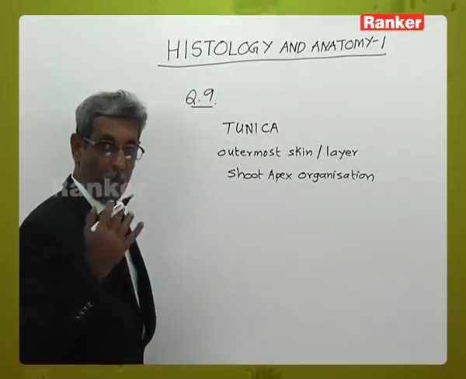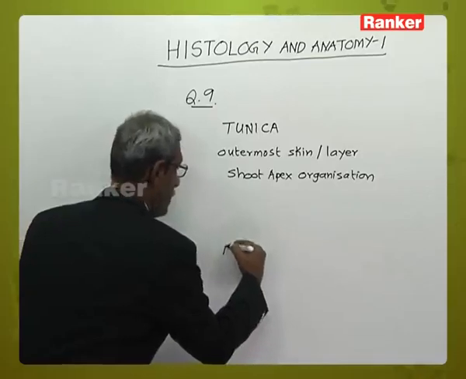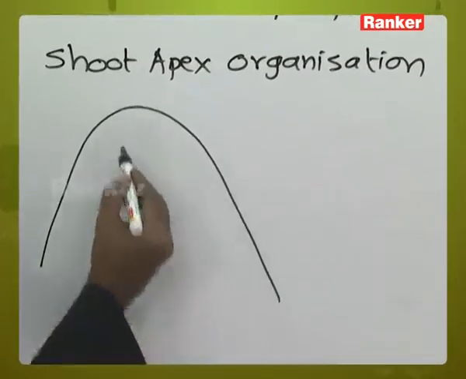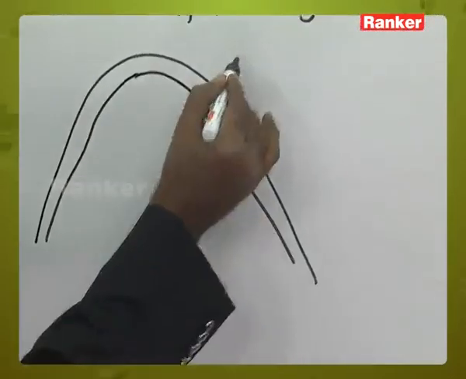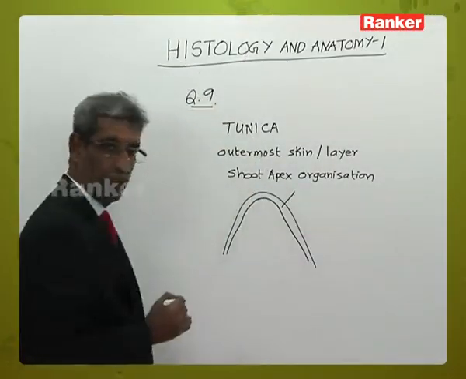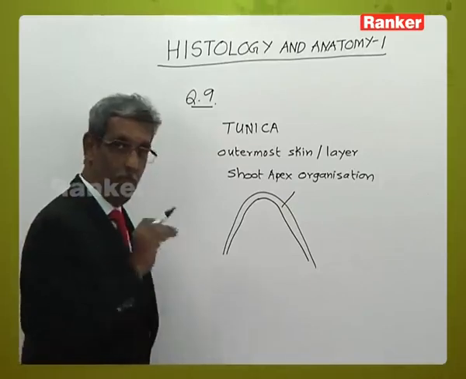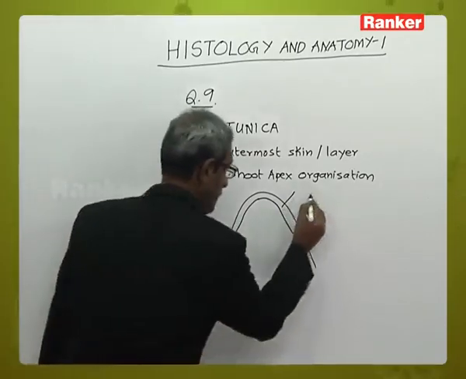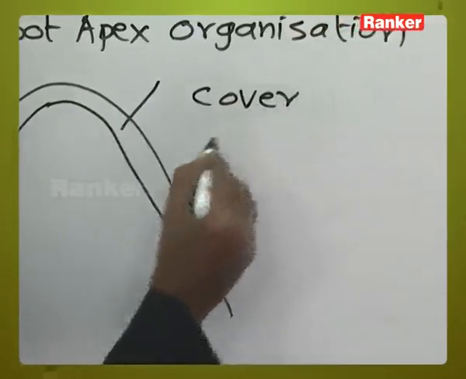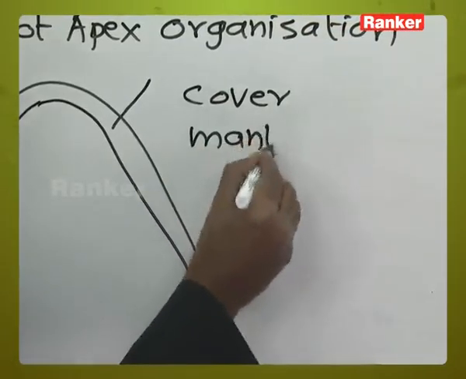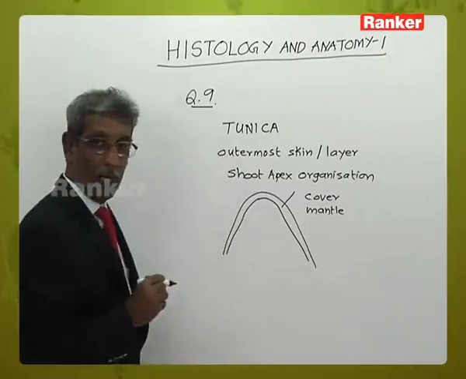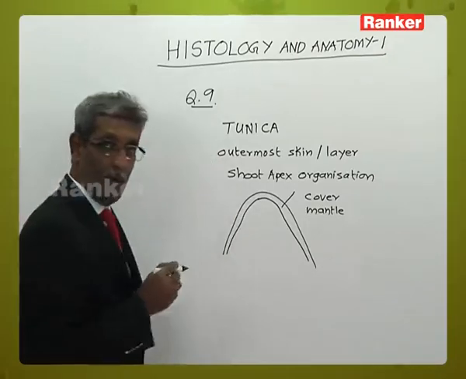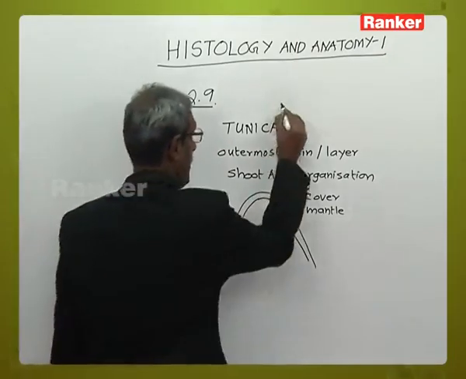So, when you take a shoot apex, in a shoot apex, the outermost layer, which is continuous, which forms a cover or which forms a mantle, is primarily termed as the tunica, and in the tunica the cells are meristematic.